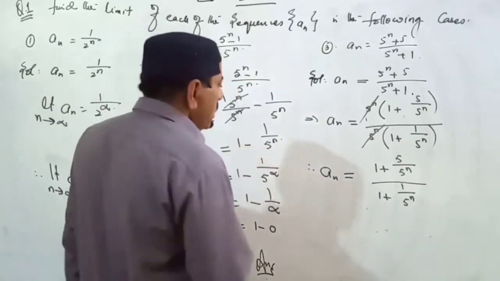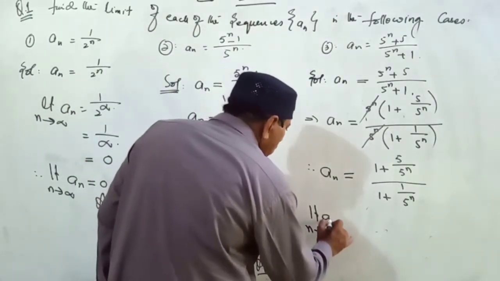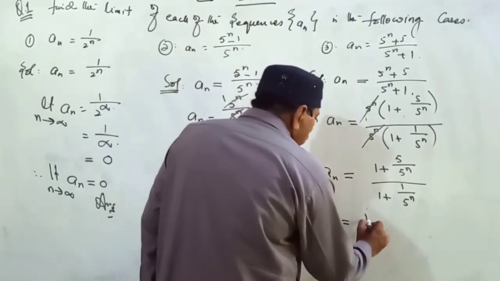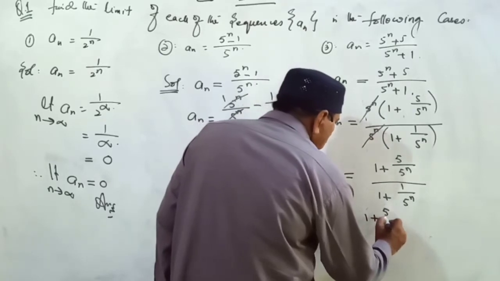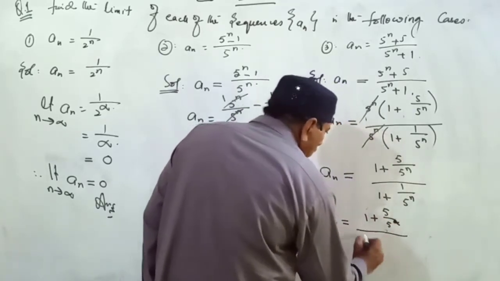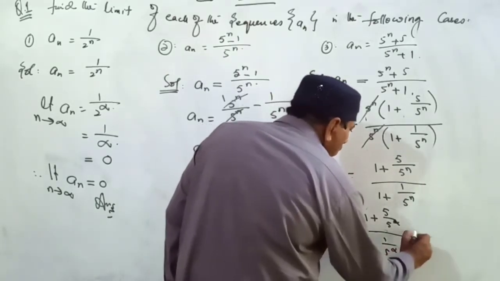Now, limit n tends to infinity a n is equal to 1 plus 5 upon 5 power infinity divided by 1 plus 1 upon 5 power infinity.